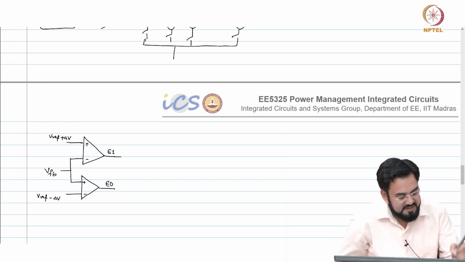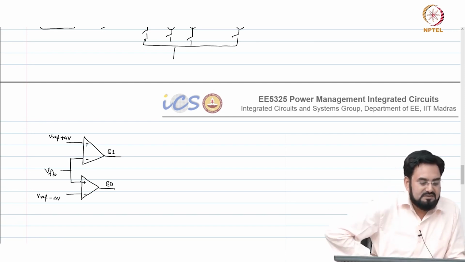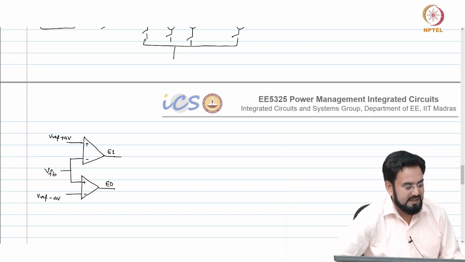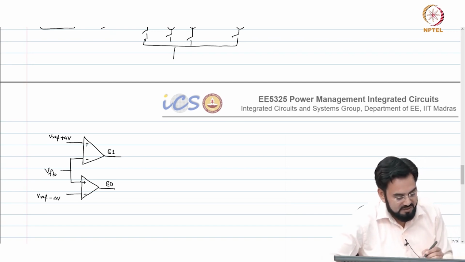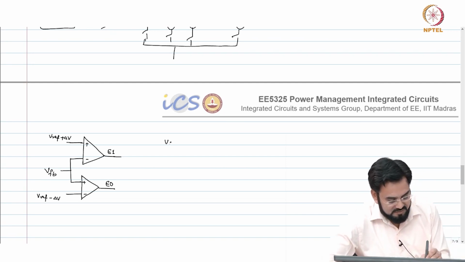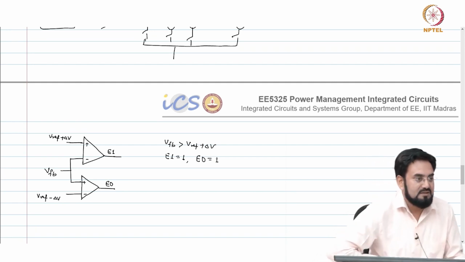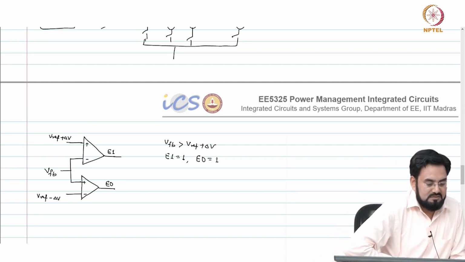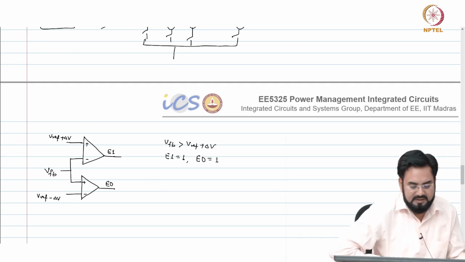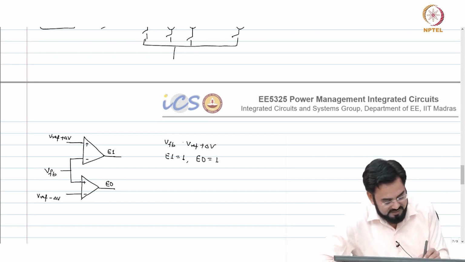So, if your VFB is higher than Vref plus delta V, what will be the code? E1 equal to 1 and E0 equal to 1. Sorry, E1 equal to 0 because VFB is less than.